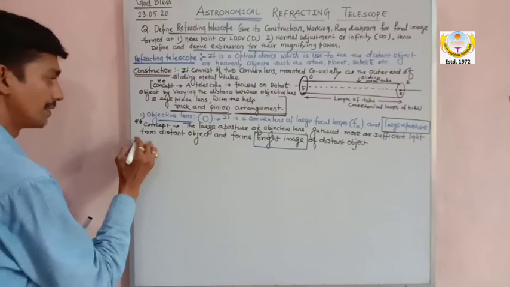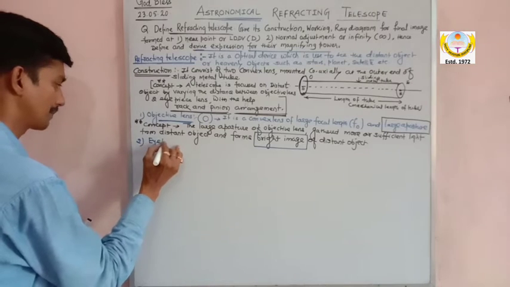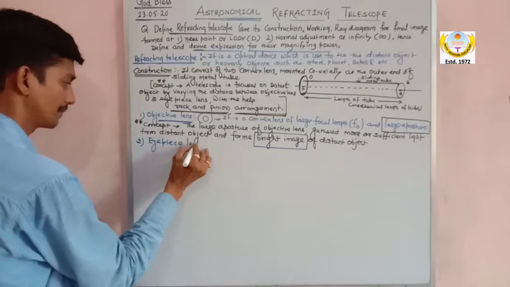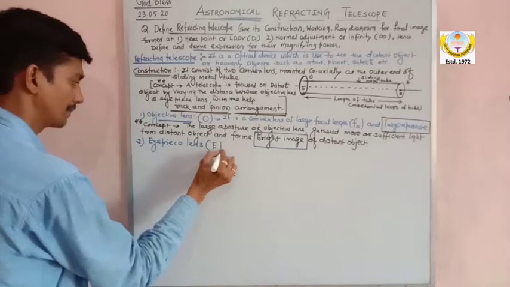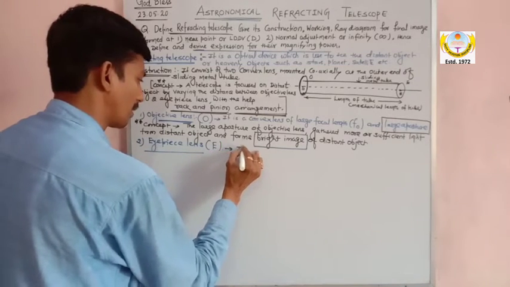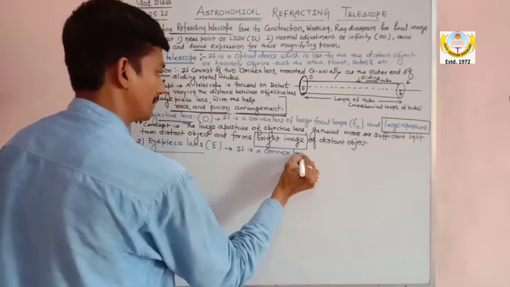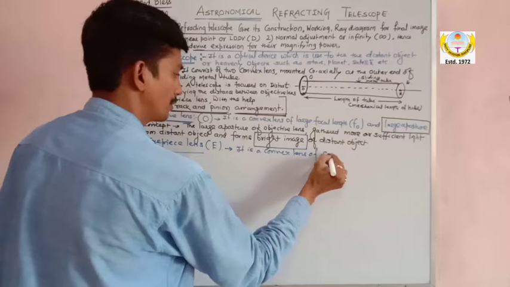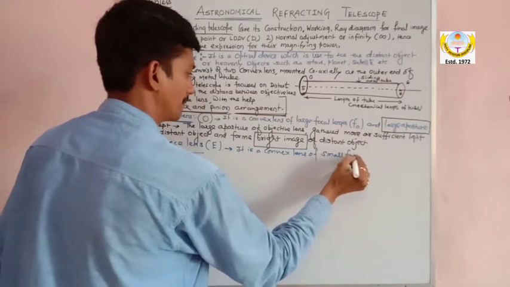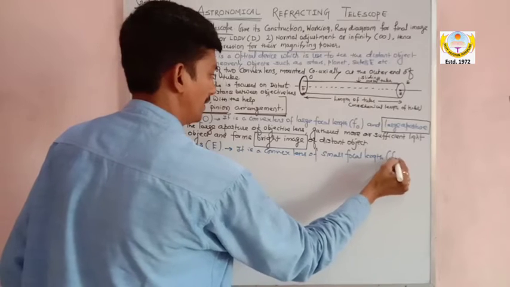Am I clear? The second point is about the eyepiece lens. Sir, it is a convex lens of small focal length, FE.